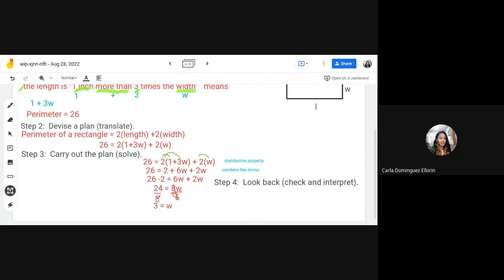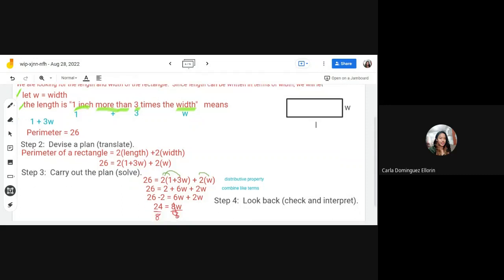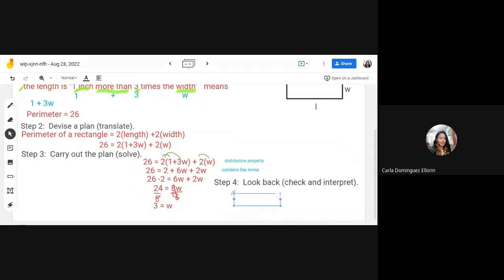Given that the length is 1 plus 3W, with W equal to 3, which is what we got in step 3.